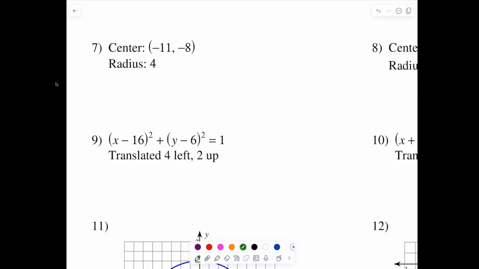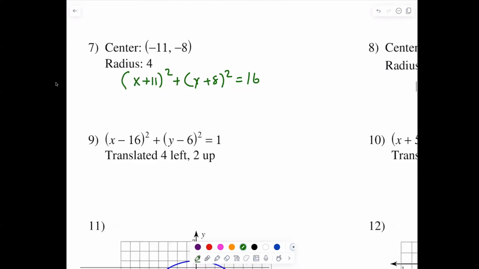So for question number 7, the formula for the circle would be what? Yep, that's how simple that is. You pulled the information out. Now they're asking you to put the information in. That's it. Nothing to it.